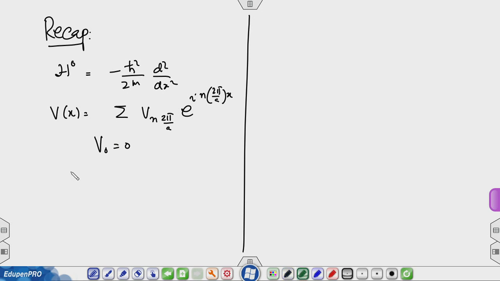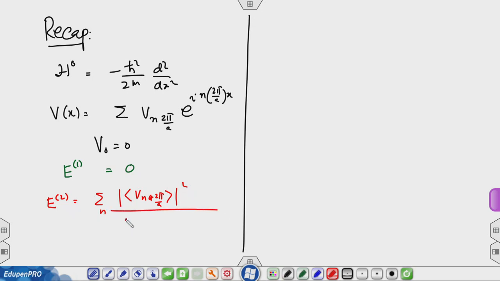Applying perturbation theory, E1 came out to be 0. E2 came out to be the summation over n of |V_n 2π/a| squared divided by epsilon k minus epsilon k plus n 2π/a, where n varies in both directions. Then we found that for positive k, k minus 2π/a was degenerate at the Brillouin zone, and therefore we applied degenerate perturbation theory.